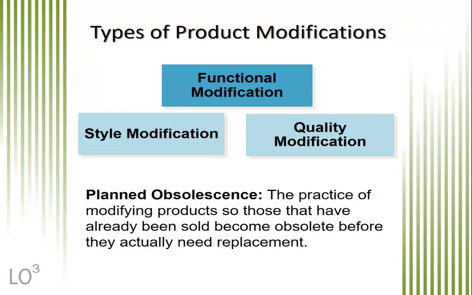Planned obsolescence is the practice of modifying products so that those already sold become obsolete before they actually need replacement. For example, smartphone companies release a newer version every 3 or 4 years. In that case, old phones become obsolete so that consumers make a new purchase.